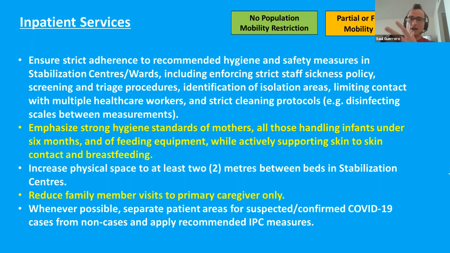Very often you have people bringing in stuff and different family members coming in and out, which under normal circumstances we fully appreciate and support. But in the current circumstances, we wanted to highlight the need to reduce that, and, to the degree that it was possible, to encourage practitioners to separate patient areas for suspected and confirmed cases from the non-cases, so that we could start creating two separate categories within those stabilization centers. Next slide.